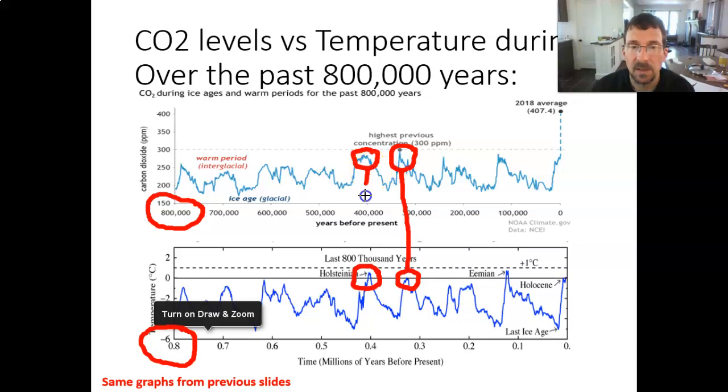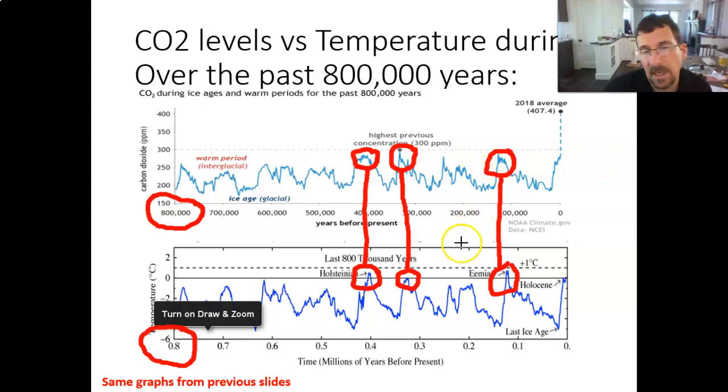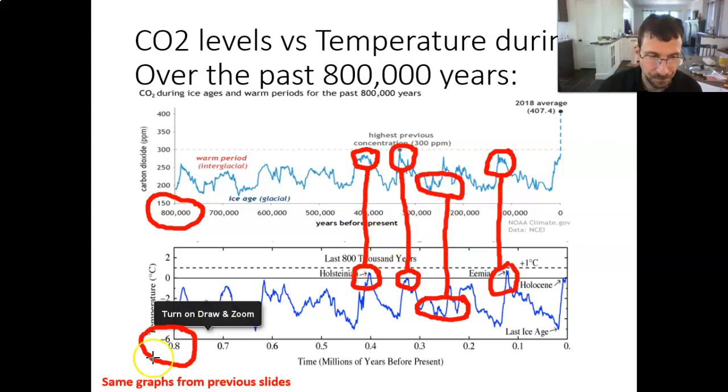As you see there and there, and even in the more recent interglacials. Of course, I'm highlighting here the times when it got really warm, but you'll also see during the times where it got really cold, so this would be like one of those ice ages here, that also corresponds to a time when carbon dioxide levels were lower here. All right.